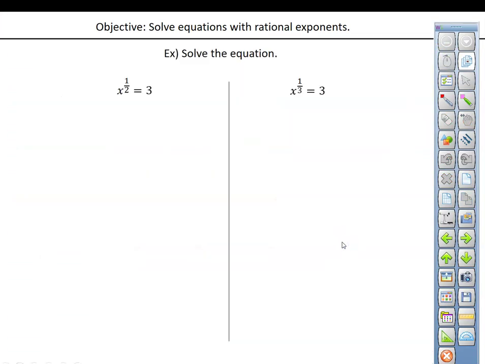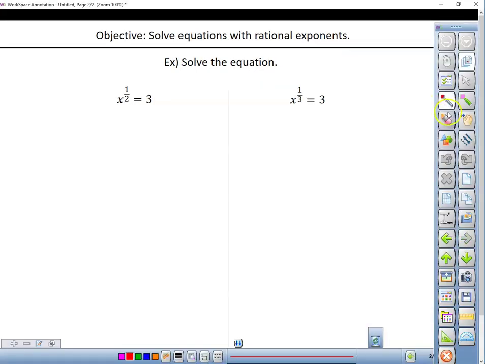As with other types of equations of this type, they can have extraneous solutions. So we definitely do have to check to see if our solutions are valid. Here we're looking at a couple rather simple equations with rational exponents.